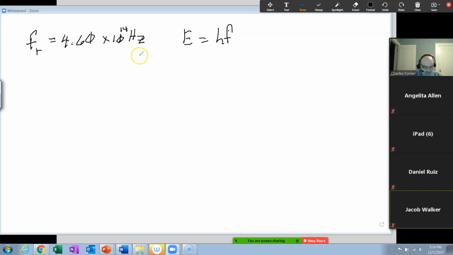Okay, that's your formula from above, where Planck's constant is 6.63 times 10 to the negative 34 joule seconds, times, and a hertz is a per second, remember, so that's 4.60 times 10 to the 14th per second.